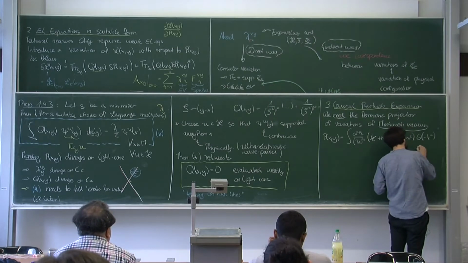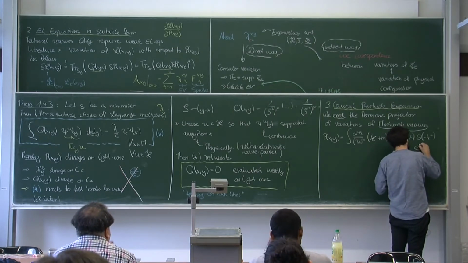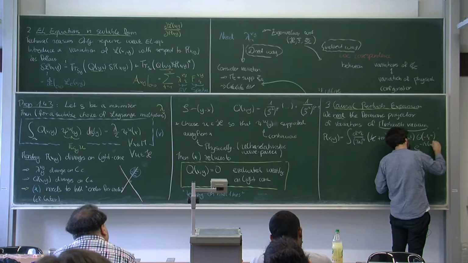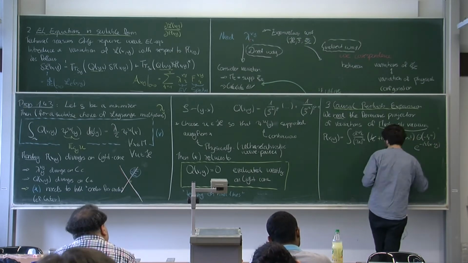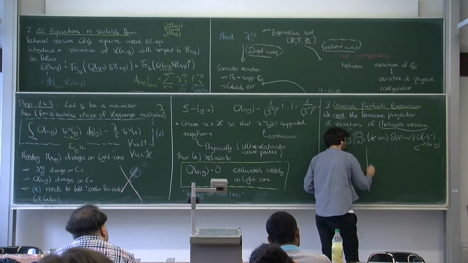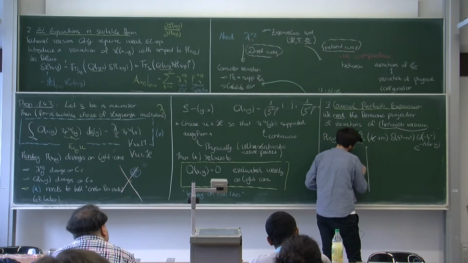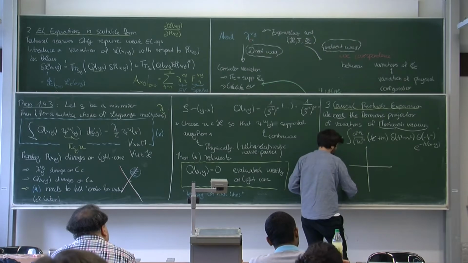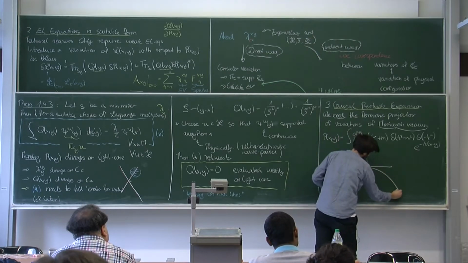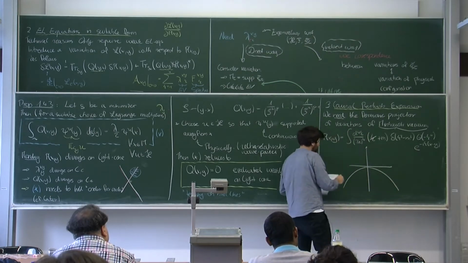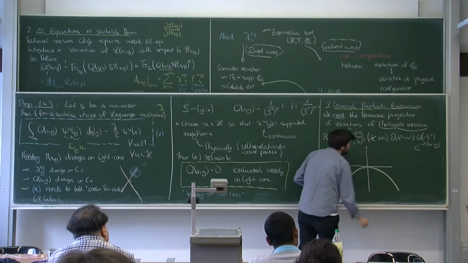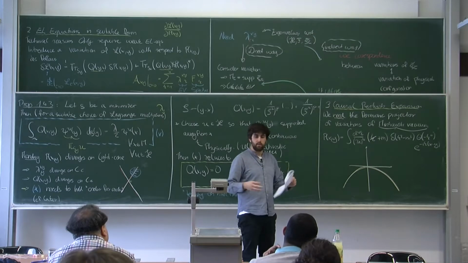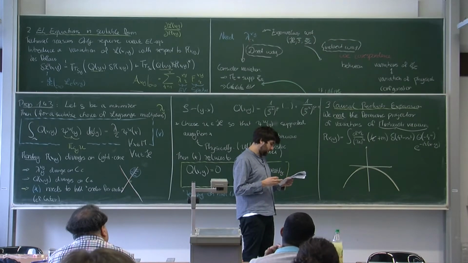If you don't remember, this is what Felix has written down. If you're in Fourier space, you have this lower mass shell, and this is just the integration over the lower mass shell. This is the fermionic projector of Minkowski space. This is the Dirac sea. This was a central ingredient.